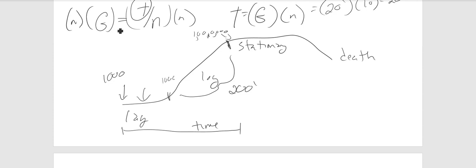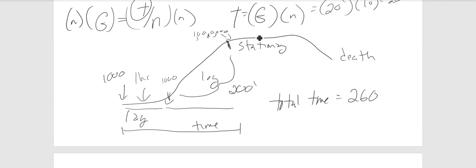Those 1,000 cells are the same cells that are here at the end of lag phase. But this took 1 hour for them to get ready to go, okay, to do all of their gene expression and making all the proteins and to grow in size so they could actually start dividing. And so if it took an hour here and 20 minutes here, our total time would be 260 minutes. Okay, the 60 minutes from the hour and then the 200 minutes that we calculated.